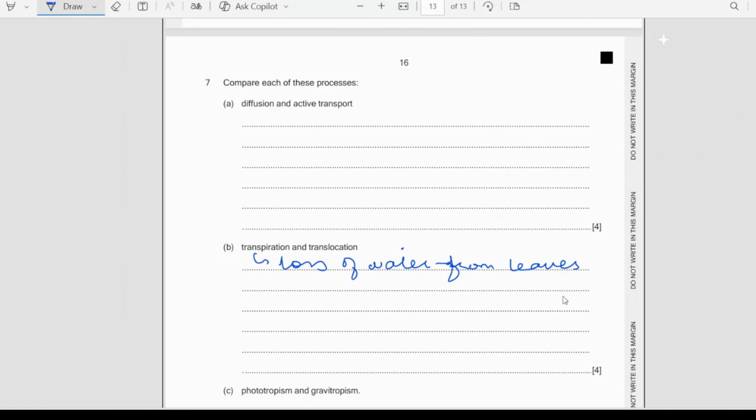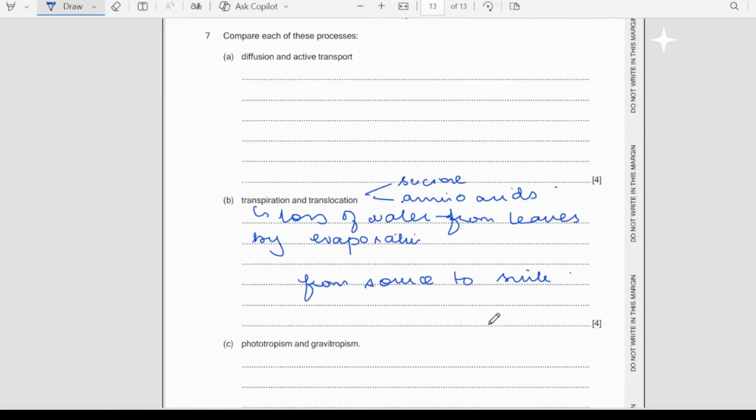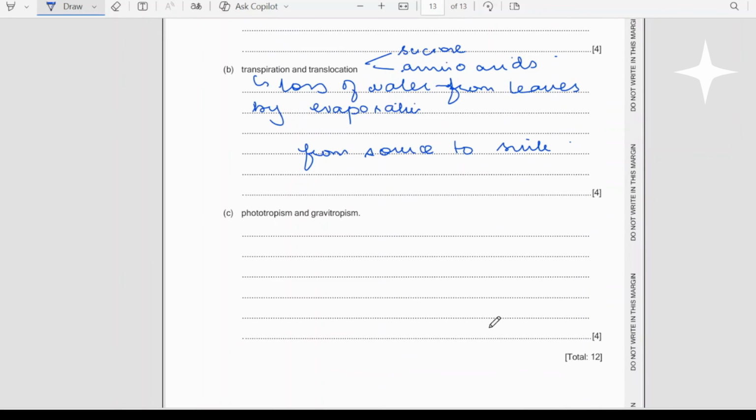Exactly. Translocation is the movement of what two substances? Sucrose and amino acids, from source to sink. What is phototropism and gravitropism?